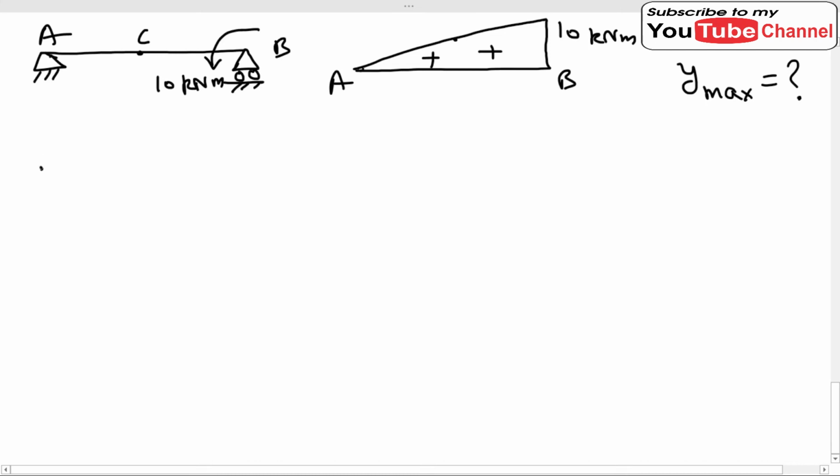Now let us draw the deflected shape of this beam again. So this is the deflected shape of this beam.